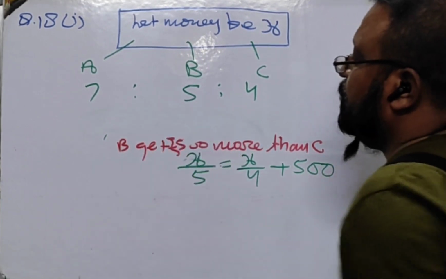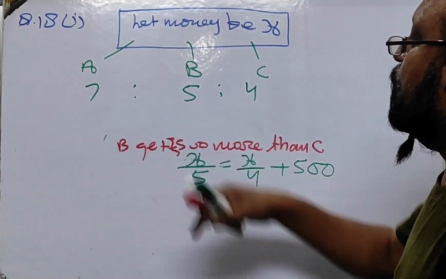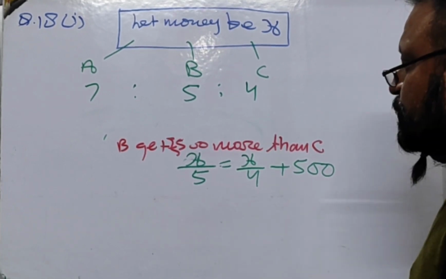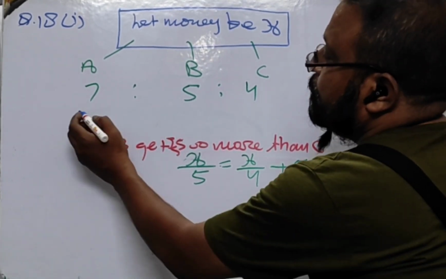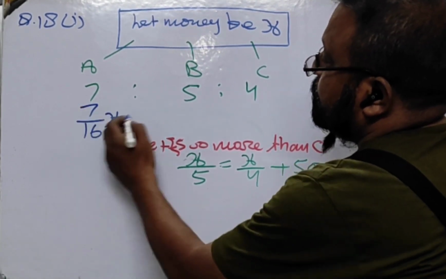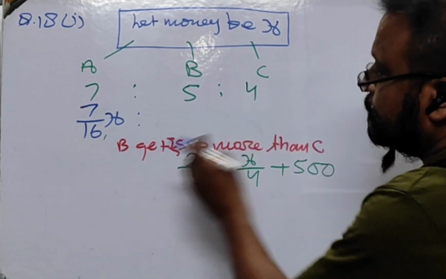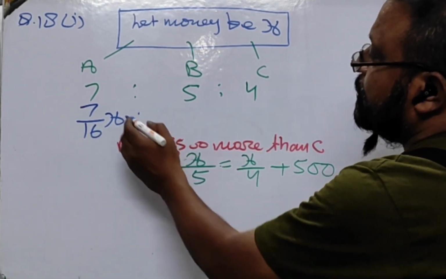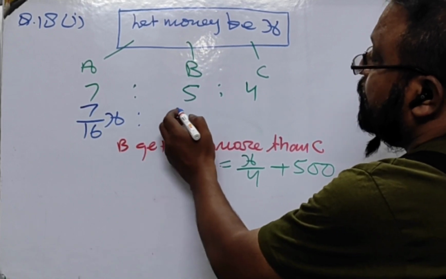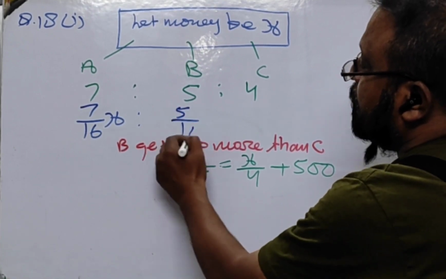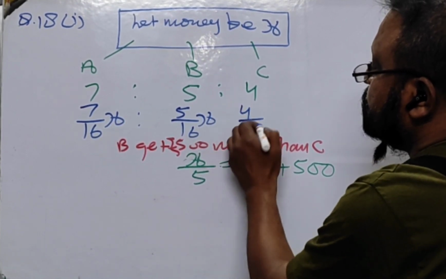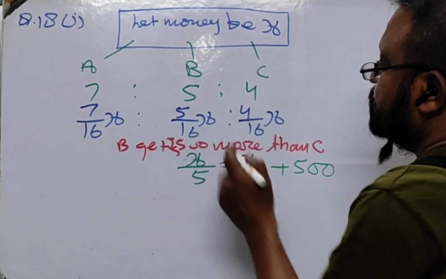If I do it like this, how much is it? 16, right? Technically, 7 upon 16 part will be of this, 5 upon 16 part of this, and 4 upon 16 part of this, right?